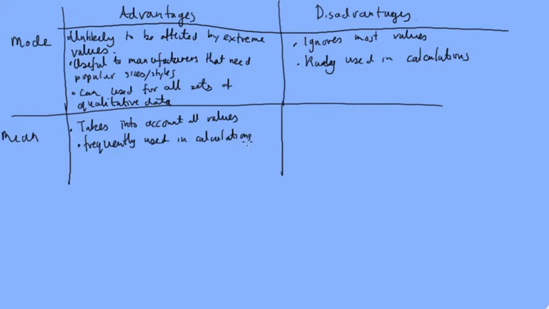And in fact, when most people talk about the average, they actually mean the mean, which is our next point. It's the most commonly understood average. And it can be used to find the sum of data values.